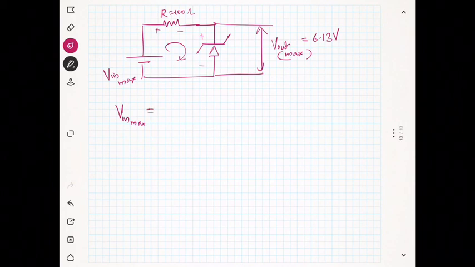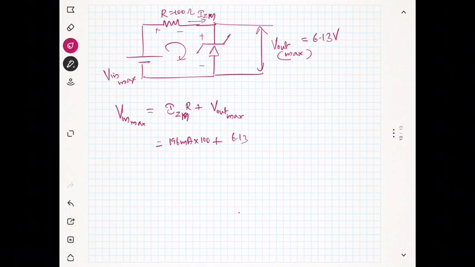During the maximum input the current will be maximum, that means the current will be IZM, not IZK. So maximum V in is equal to IZM into R plus V out maximum. IZM is 196 milliampere into 100 ohm, plus 6.13 volt. You will get it as 25.7 volt.